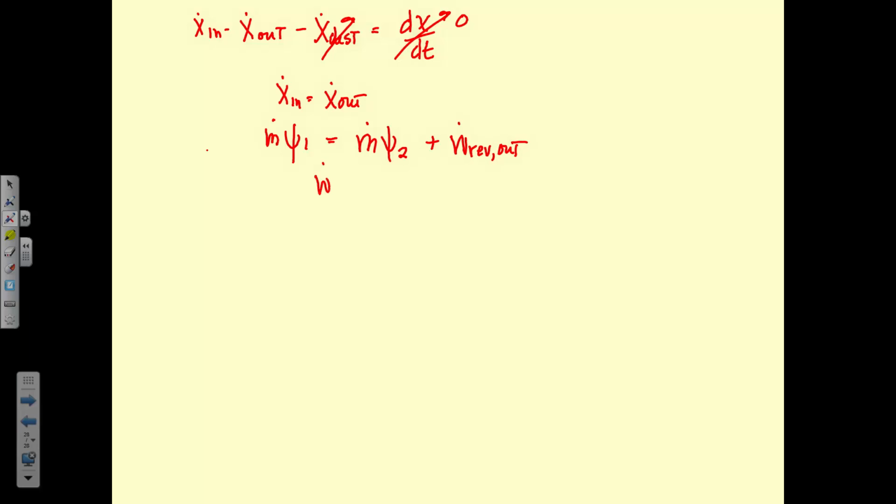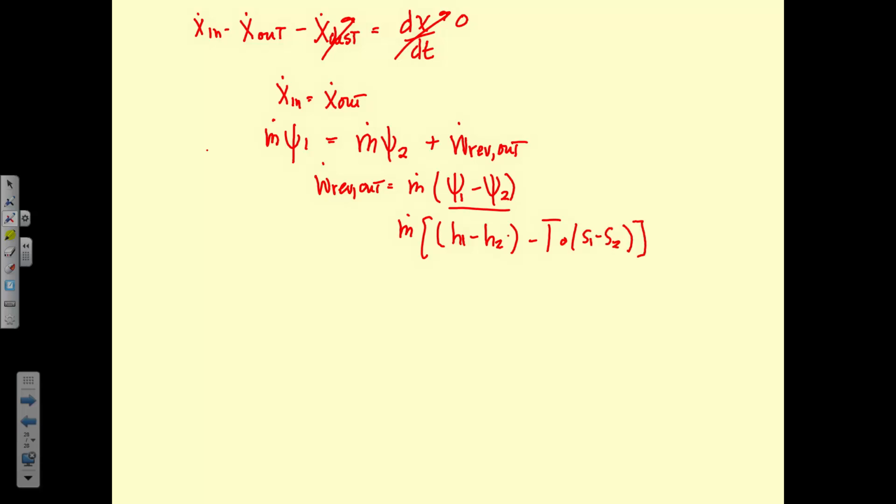So we can say that our work dot reversible out is equal to m dot times psi 1 minus psi 2. So this can be written, for a steady flow engineering device, as m dot times h1 minus h2 minus T naught times s1 minus s2. Okay, so that's this term here.